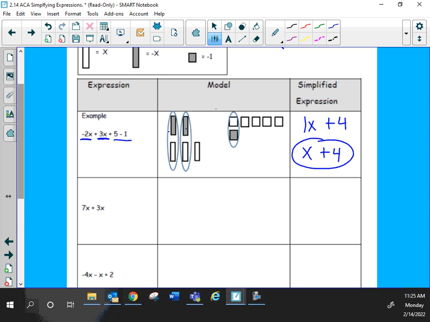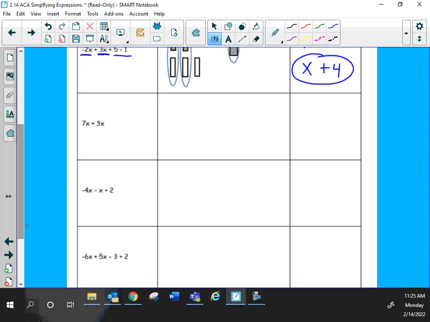Let's do another one: 7x plus 3x. First, are they like terms? Do they both look the same? Yes, they're both going to have those rectangles. I'm going to start with 7: 1, 2, 3, 4, 5, 6, 7. I like to put an x inside each one, because sometimes my rectangles look like squares and then it's confusing.